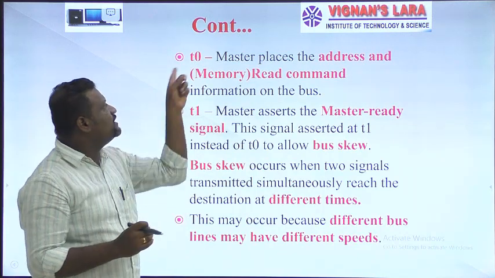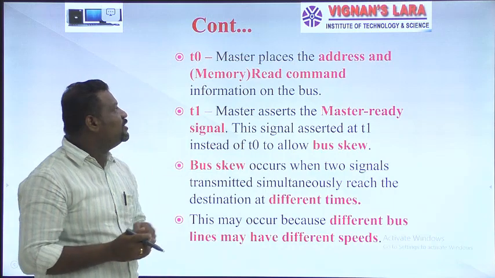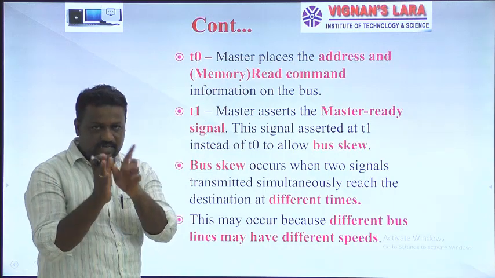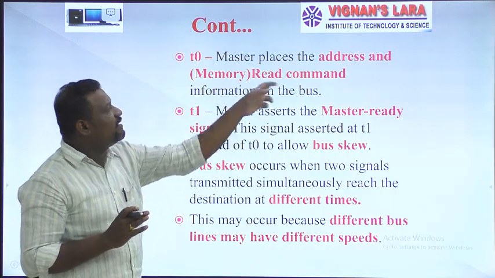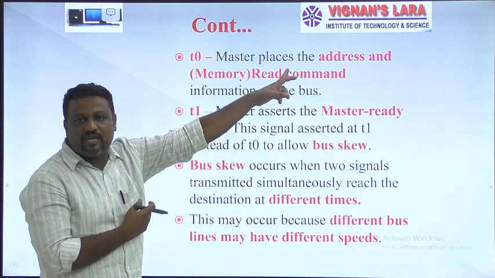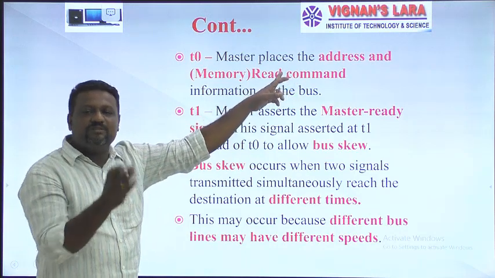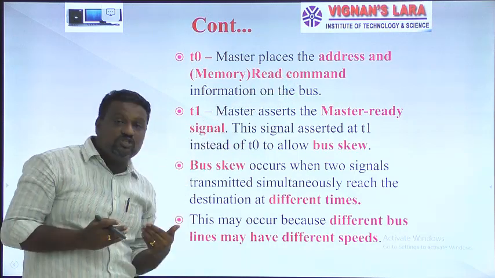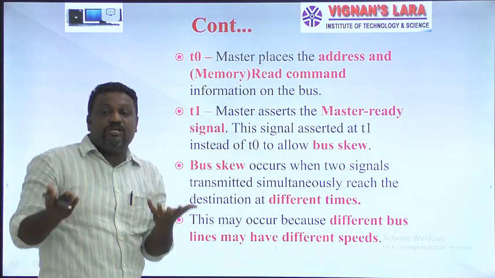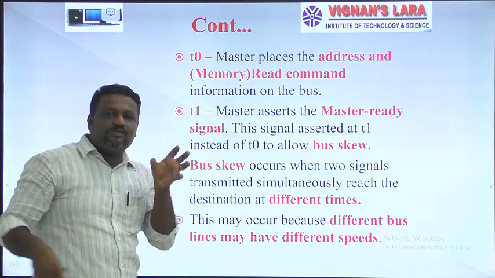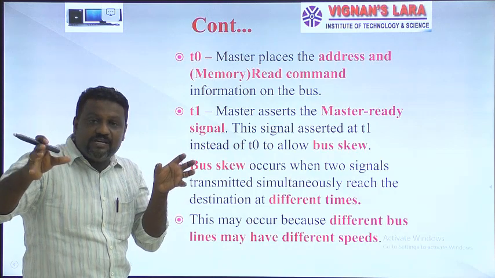In the first step, at time instant T0, the master places the address and a read command. Just now we assumed that the read command belongs to the memory. That means you assume that your master is a processor and the slave is a memory.